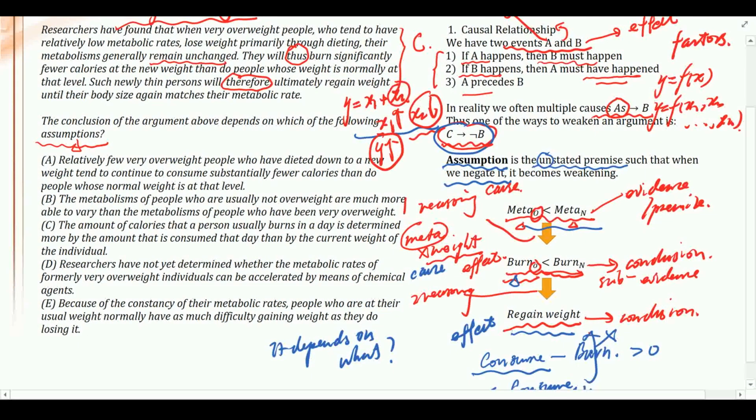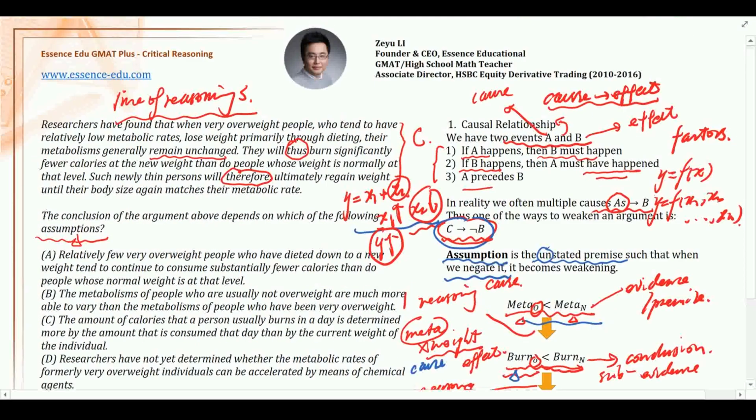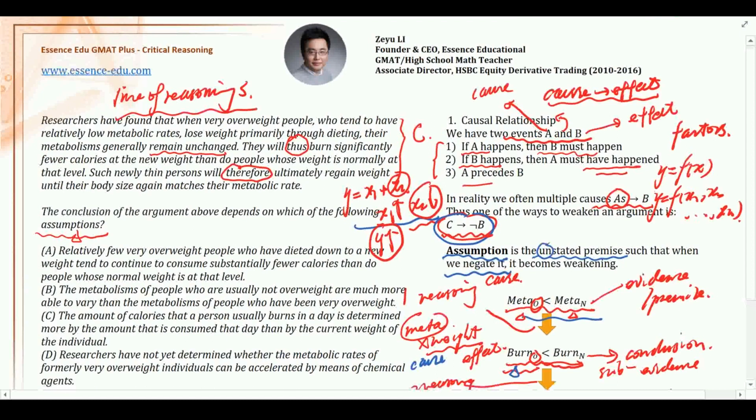If we find one choice that, after negation, becomes weakening, then that is the assumption. So with this definition, let's take a look at choice A.